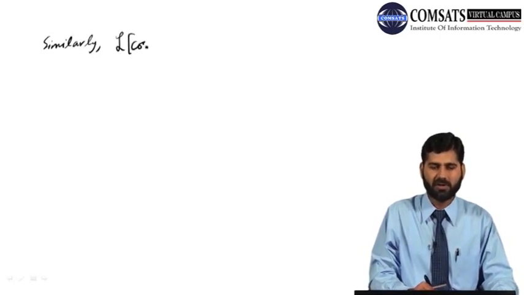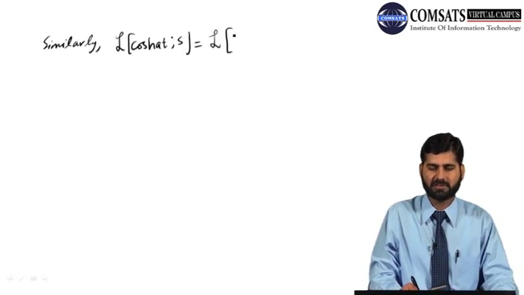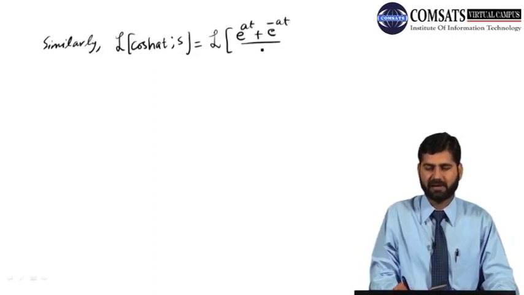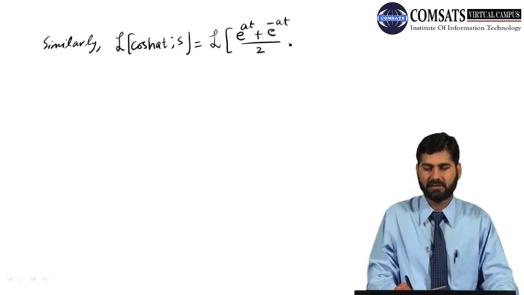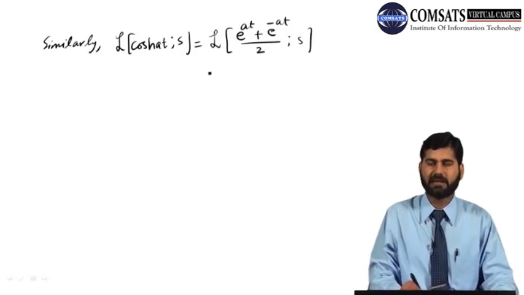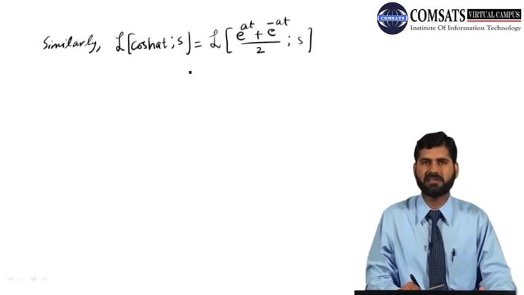So Laplace of cosine hyperbolic at s: cosine hyperbolic at is e to the at plus e to the negative at, divided by 2. And Laplace transform is linear because it's integration. Integration is a linear operator.